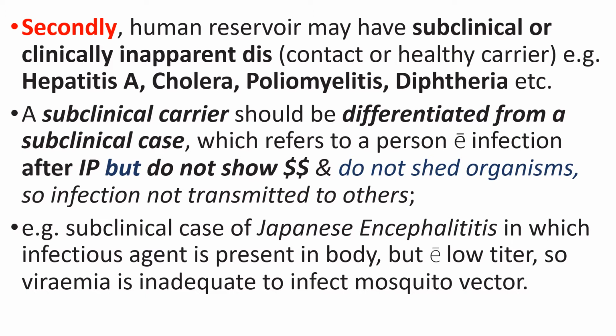E.g. of subclinical case of Japanese encephalitis, in which infectious agent is present in body, but low titer viremia is inadequate to infect mosquito vector.